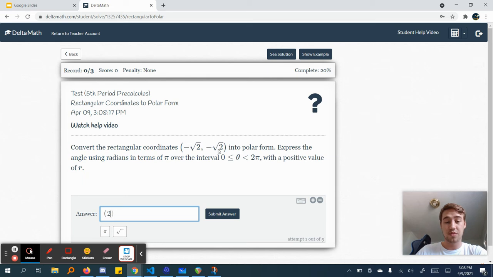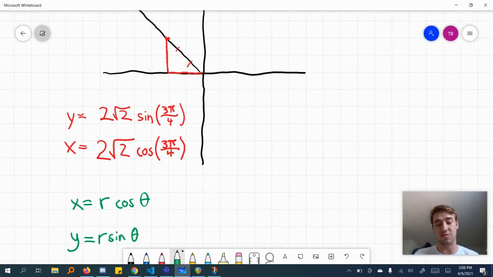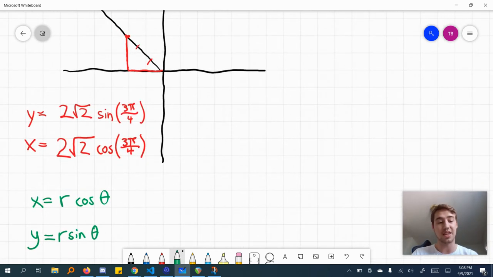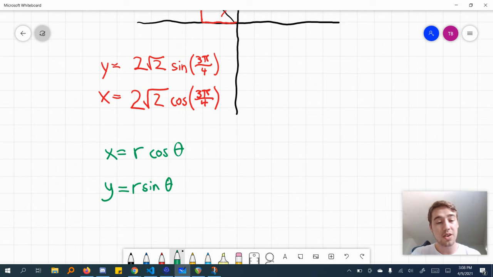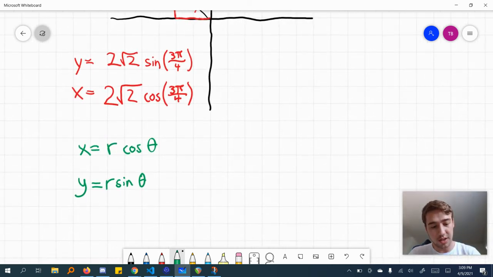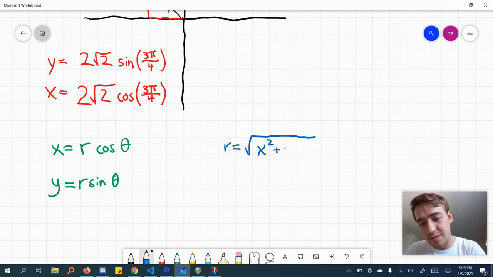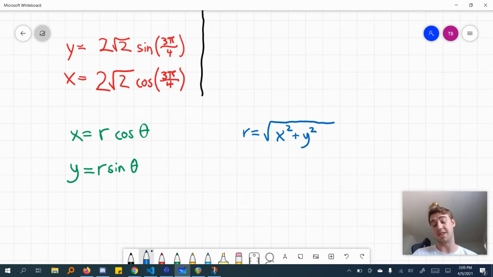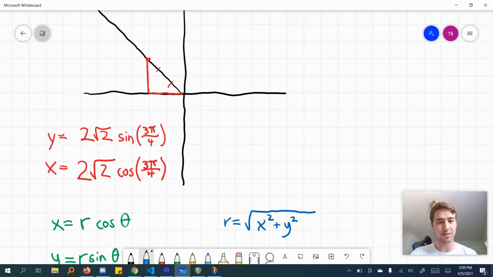But now, how are we going to put this in reverse? Given r and theta, how do we find x and y? My mistake. Given x and y, how do we find r and theta? So we have found r by taking the square root of x squared plus y squared, because of the Pythagorean theorem. It's the hypotenuse, because that's the side that connects the other two.